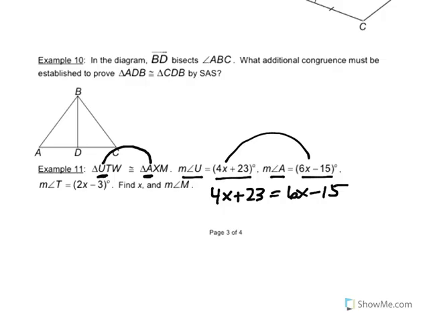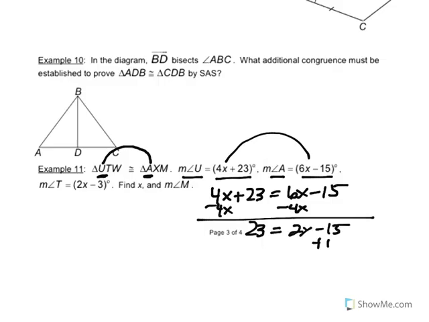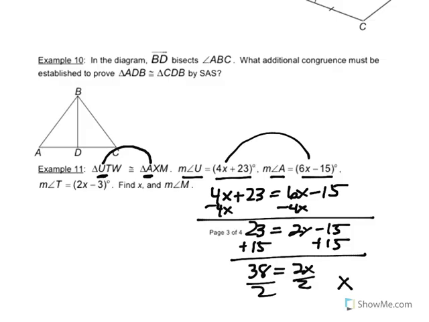And now let's solve for x. I'm going to take baby to mama right here, and we get 23 equals 2x minus 15. Add the 15, and we get 38 equals 2x. Divide by 2, and x equals 19.